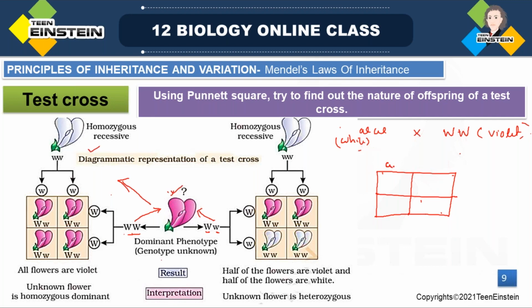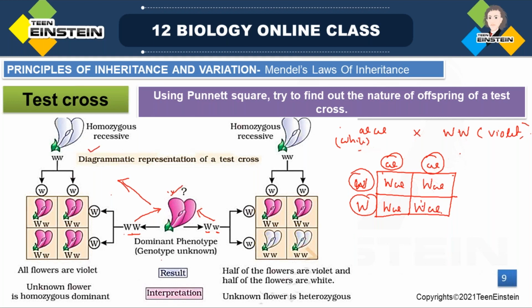The recessive parent will produce two alleles, both similar, small w, and the other parent will give capital W, these are the gametes. Then the combinations are capital W small w, capital W small w, capital W small w, capital W small w.